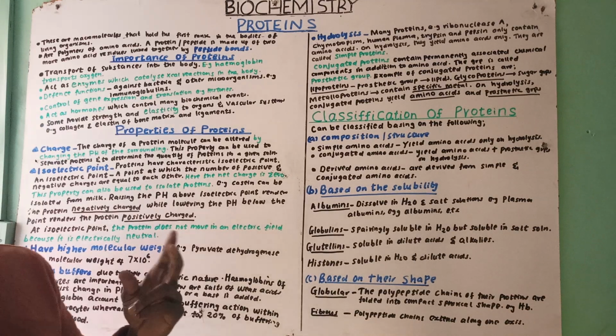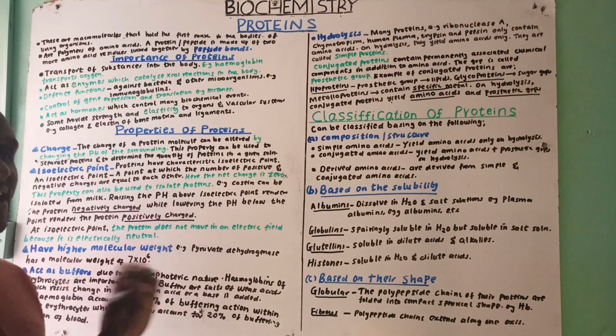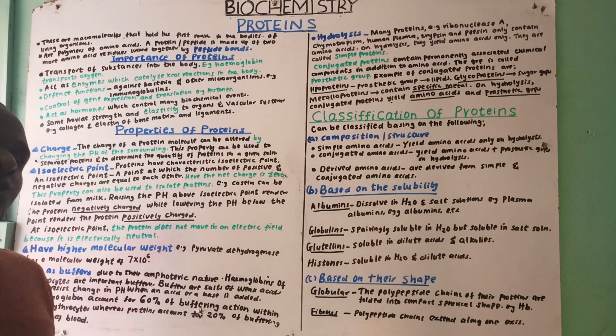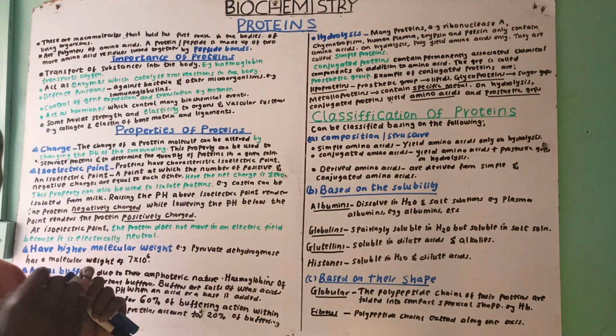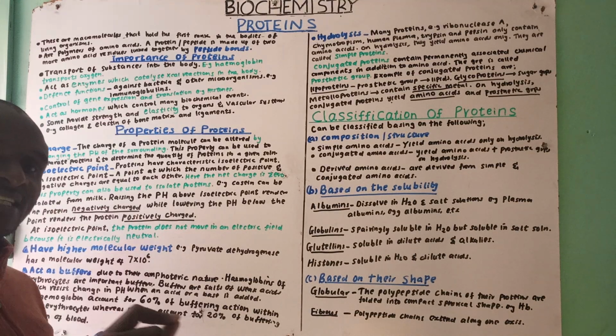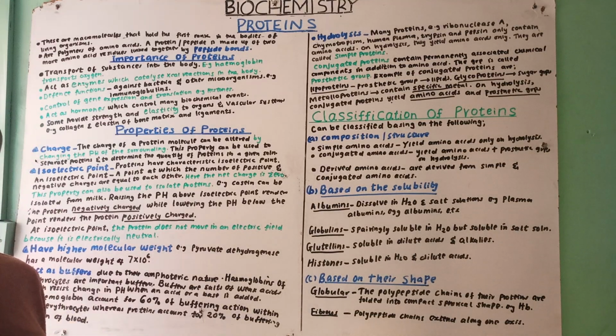Since we have various types of proteins, there are conjugated proteins and simple proteins. Conjugated proteins are those that consist of prosthetic groups, so on hydrolysis they yield amino acids plus the prosthetic groups. Those that are simple only yield amino acids.